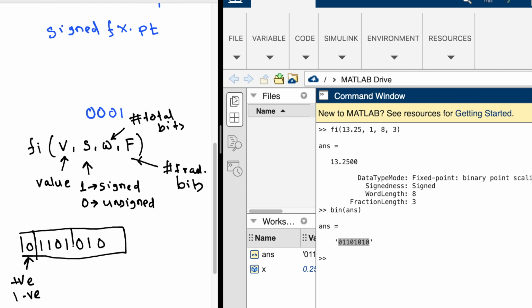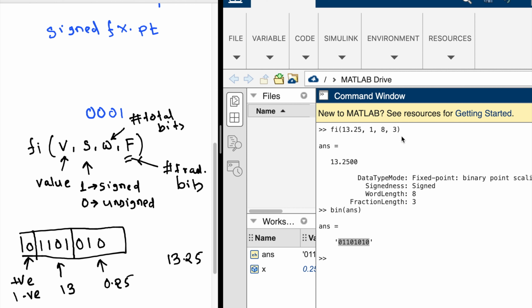Then this is the integer part, which represents the number 13 in this case, and this is the fractional part. We suggested f is 3, and this actually represents 0.25. So basically we represented the number 13.25 with this fixed point format.